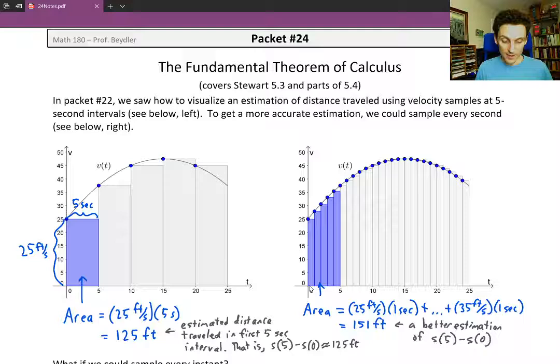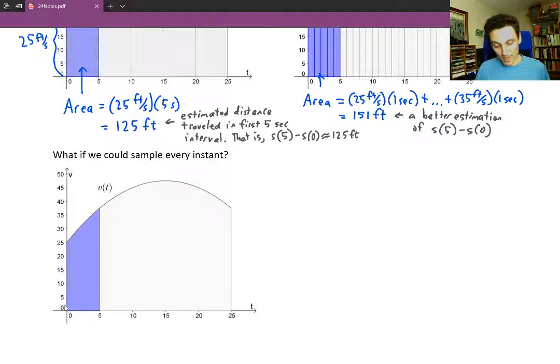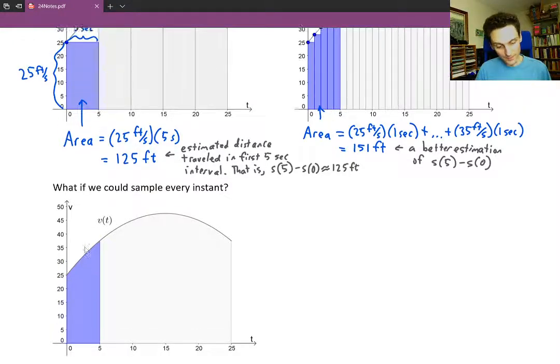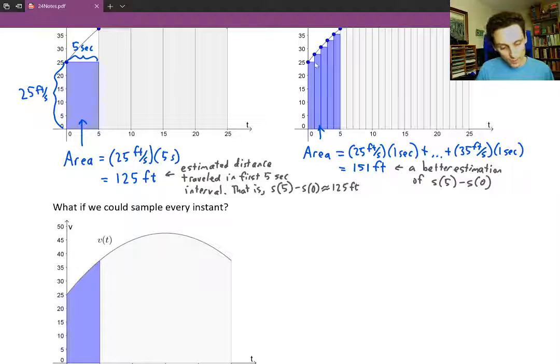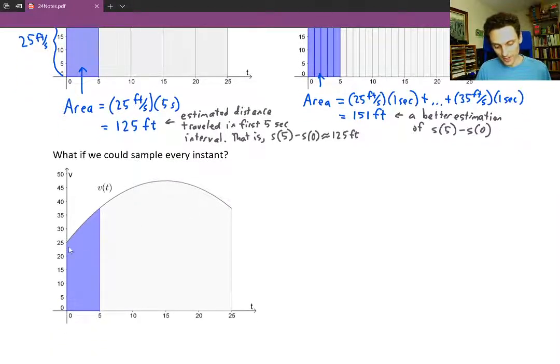We could take sample velocities every half second, every millisecond, every nanosecond, closer and closer to every instant in time. If we could sample at every single instant of time, then the picture would look something like this. Those rectangles would more and more tightly fit the area underneath that velocity curve, until what you're looking at is basically the area under the velocity curve from t equals 0 to t equals 5.